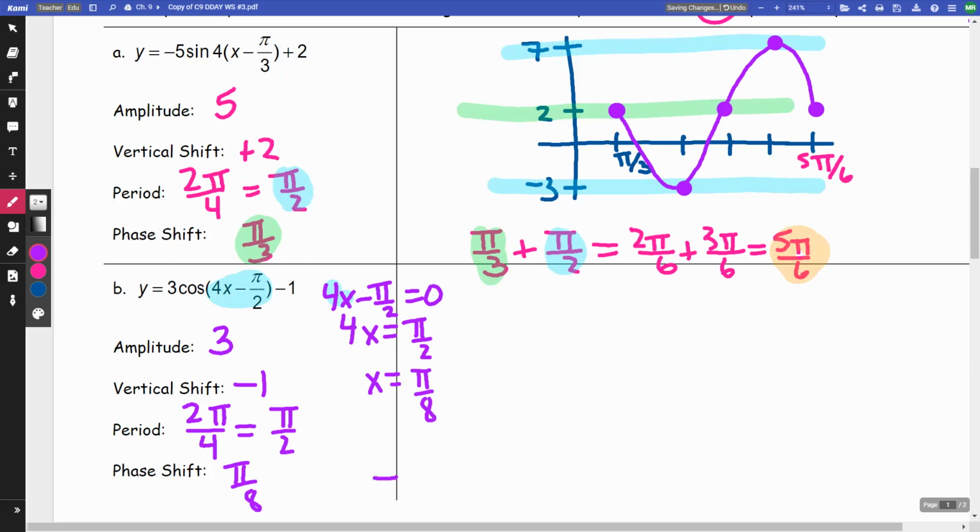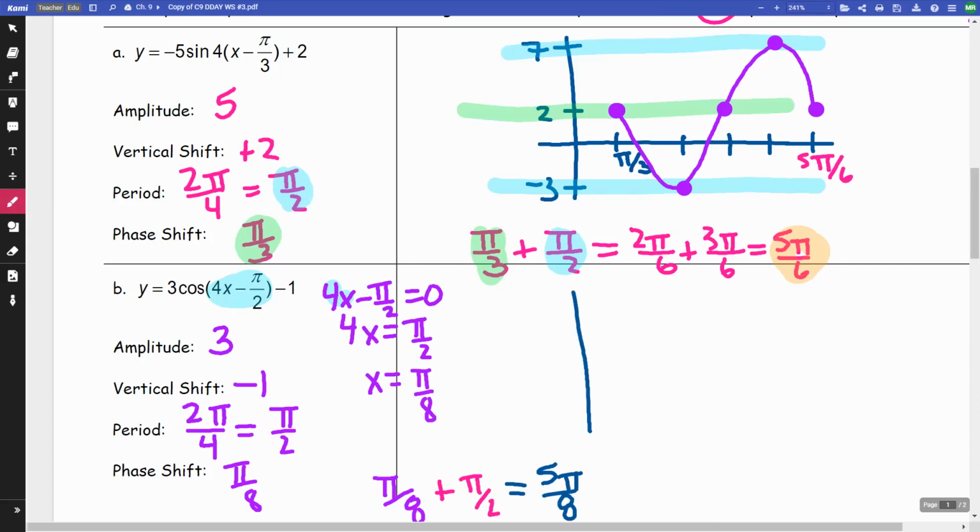So we're going to start at pi eighths. We're going to go pi halves away. And pi halves is really 4 pi eighths. So I'm going to end up at 5 pi eighths when I do that math. So dropping it down to -1, going 3 above, which puts me up at 2, and 3 below, which puts me down at -4.